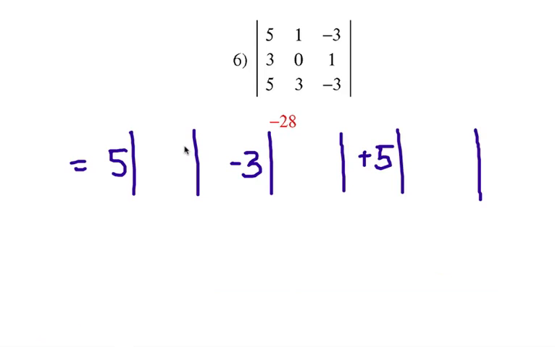So where do these 2x2 determinants come from? When I use the 5 right here, notice that that's in the first row, first column. The numbers that are remaining are right here, and that's my first determinant: 0, 1, 3, -3.